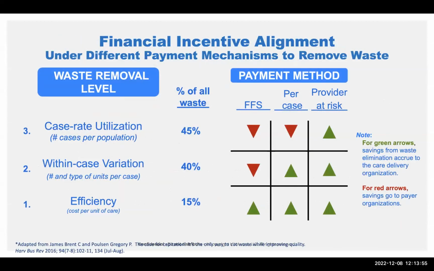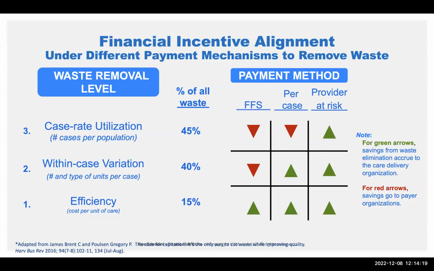When we start looking at these alignments, the case rate is attributed to about 45% of the waste, within case 40%, and efficiency is 15%. So when we look at the fee for service model, we want to reduce the case rate utilization and the within case and increase the efficiency.